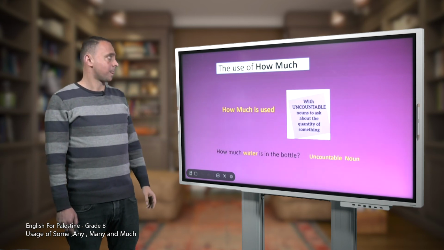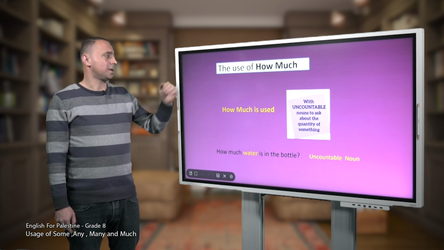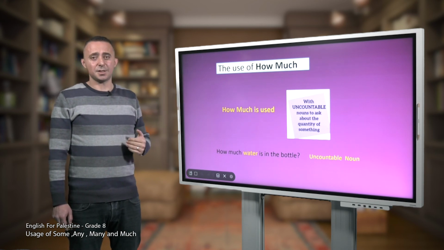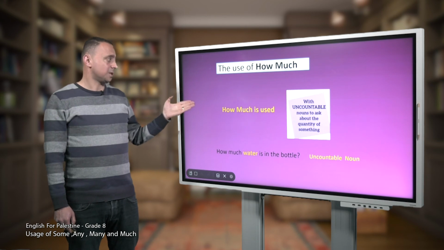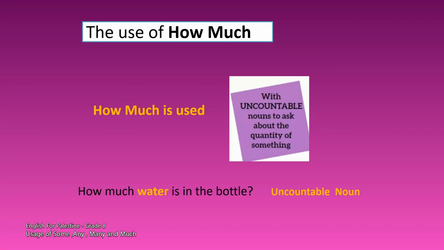Let's continue. What about the use of how much? You have seen, dear students, that how much is used with uncountable nouns to ask about the quantity of something. Let's see this example.